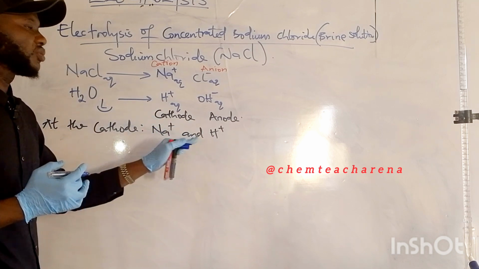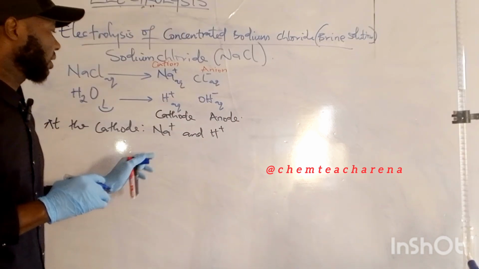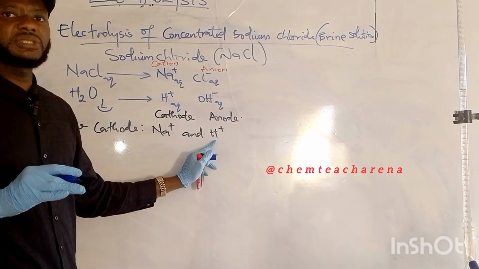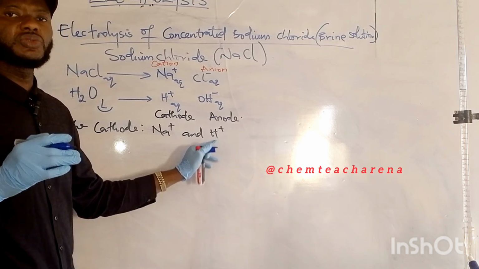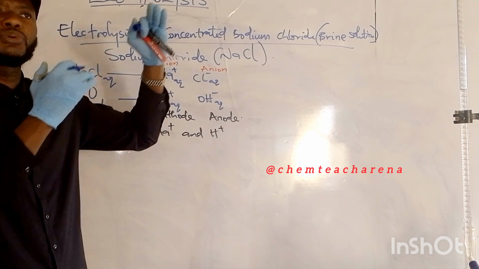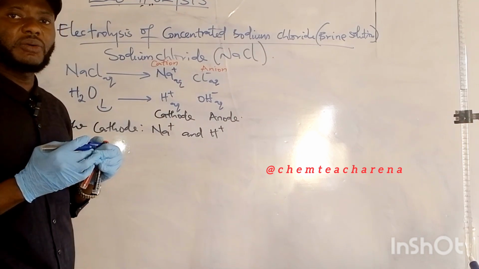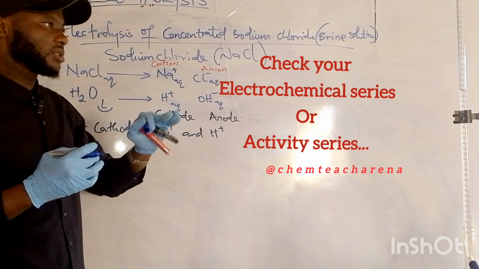Among these two, which one will be preferentially discharged? Hydrogen will be preferentially discharged, due to the position they occupy in the electrochemical series. Sodium is at the top, while hydrogen is in the middle.